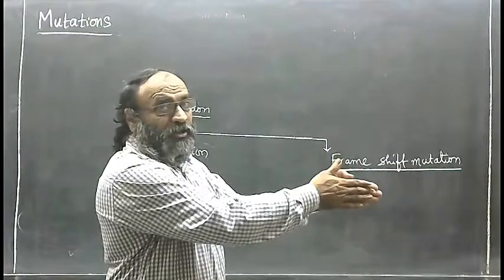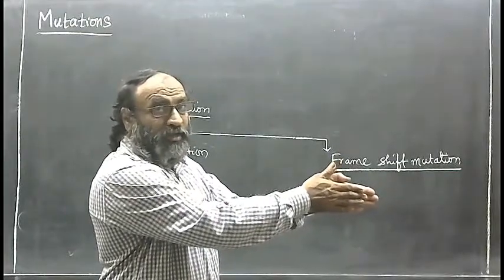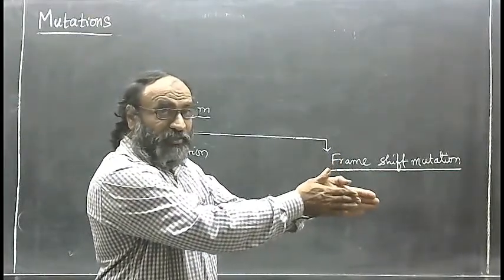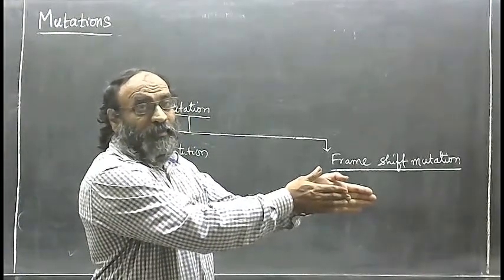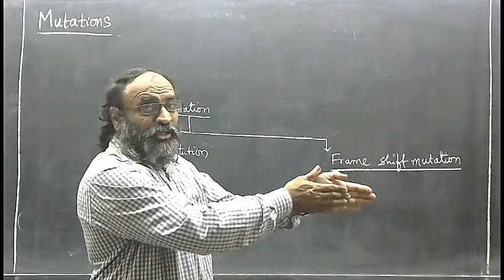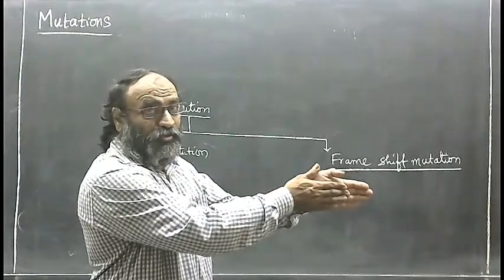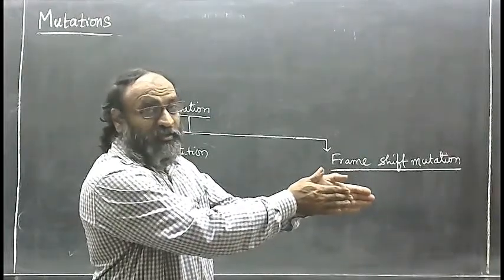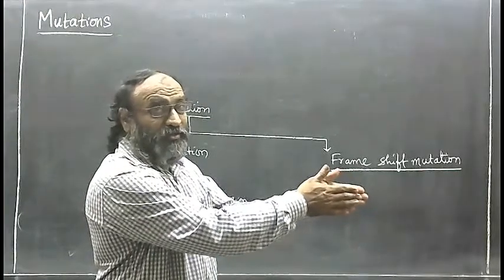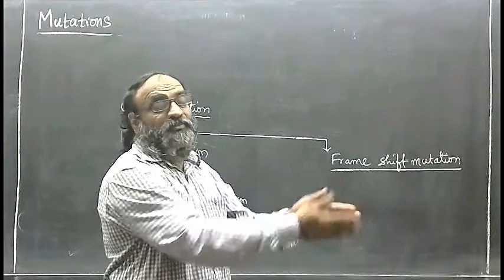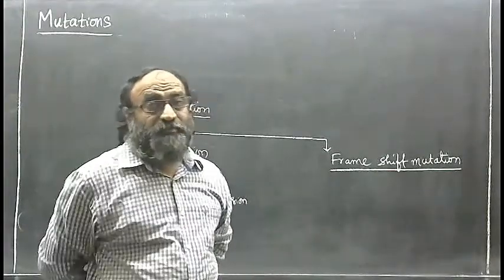So addition of one or more nucleotides increases the length of the frame, and deletion of one or more nucleotides decreases the length of the frame. Then it is called frame shift mutations.